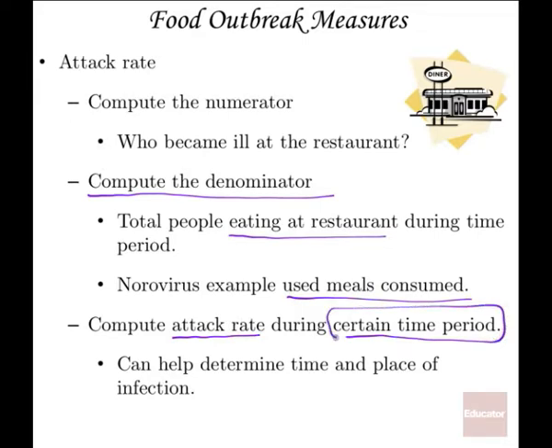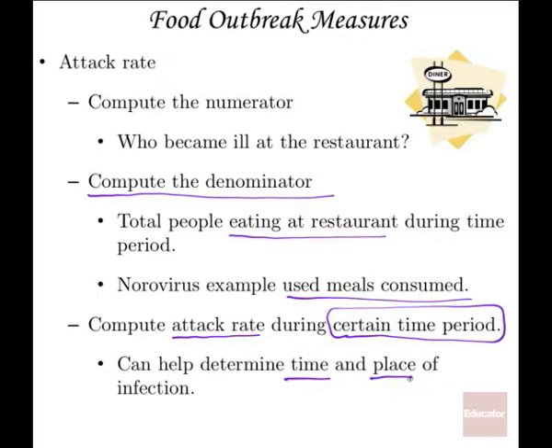That's important because obviously with a virus like norovirus that has a very short incubation period and a very short time that people have symptoms, then the denominator and the assessment of the attack rate has to occur during very narrow time periods. And by doing that, you can help determine the time and the place of infection.